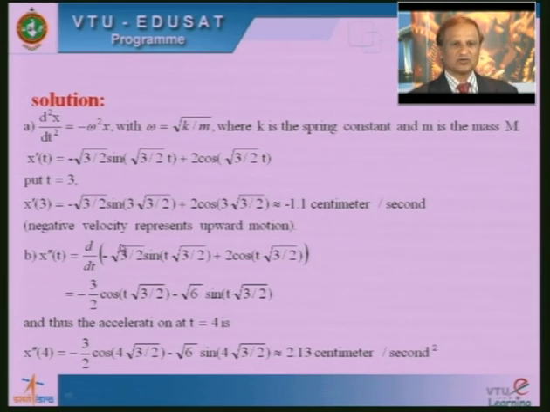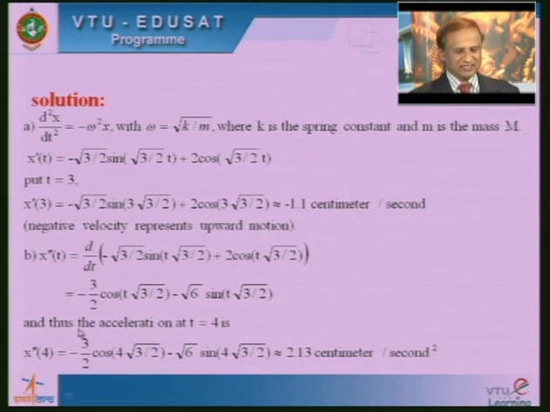Because square root of 3 by 2 into square root of 3 by 2 gives 3 by 2, with the negative sign as it is. So minus 2 times sine of t into square root of 3 by 2, because the derivative of cos at is a into sine at along with the negative sign. Like that, I hope we are able to find the derivative of this function, and finally I can obtain the second derivative.